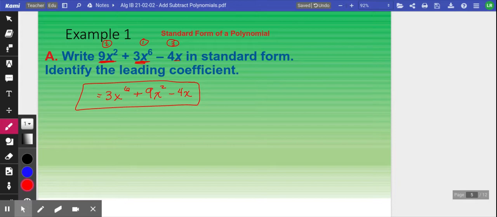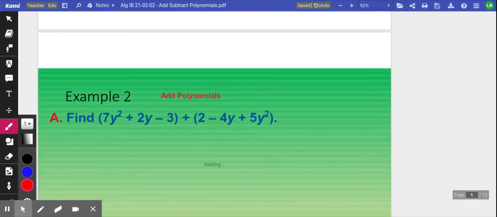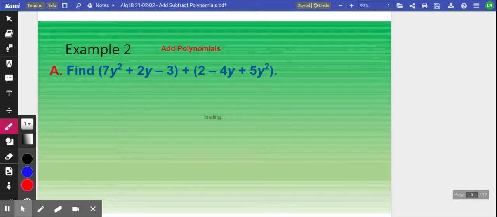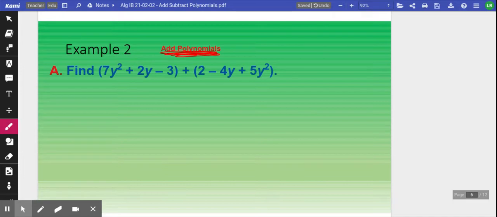All right, let's start looking at some actual examples. So this is our first example. This is an example of adding polynomials. Go ahead and write the problem down. Now, whenever we are adding polynomials, the first thing we want to do is check in front of our parentheses.